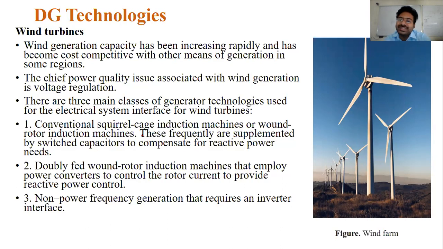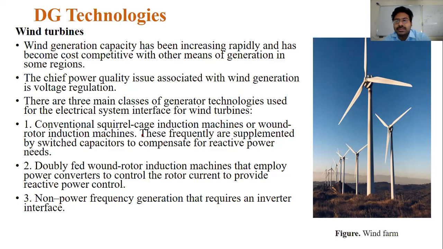But now see this, the wind turbines. We do not place these wind turbines everywhere. We have to check where the wind is very strong, and only in that place can you place wind turbines. There are different types of wind turbines.